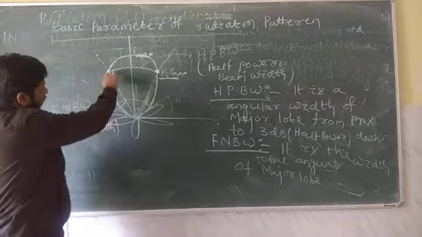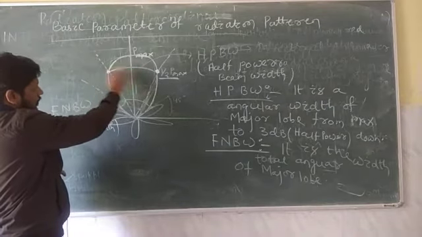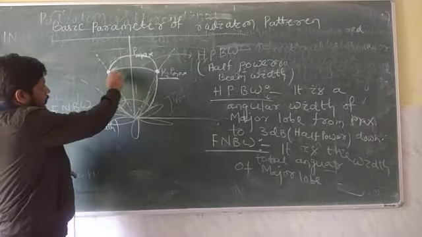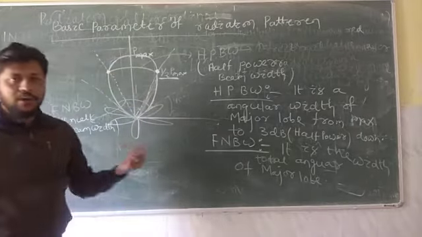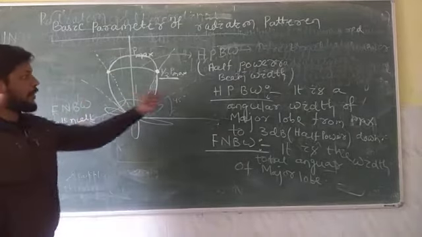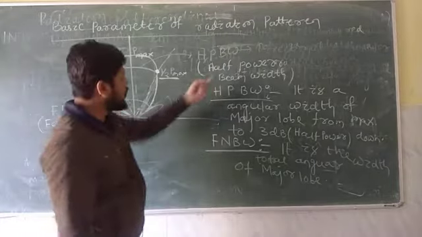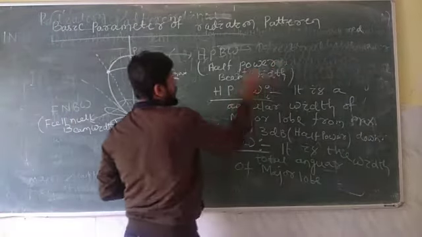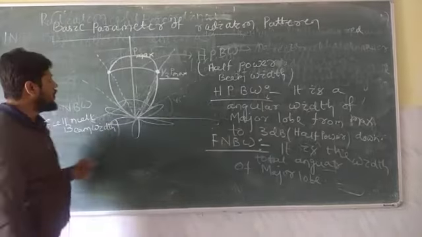The angular width in the major lobe where the power is half is known as your half power beam width.